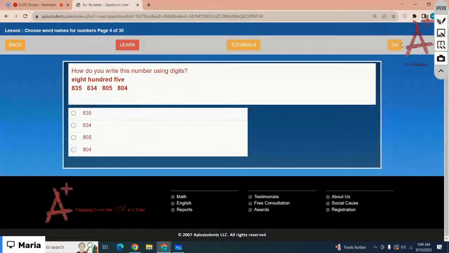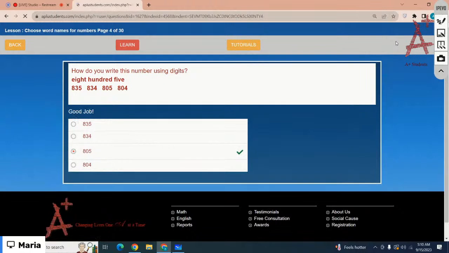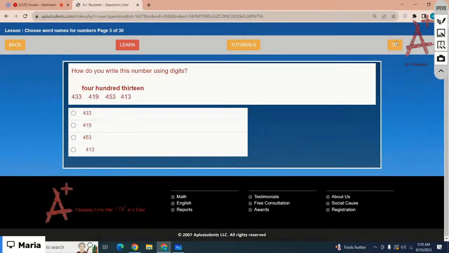Okay, write this number using digits. 805. So, which is the correct option? That would be option number 3, 805, right? How do you write this number using digits? 413, which is the correct option? How do you write 413?